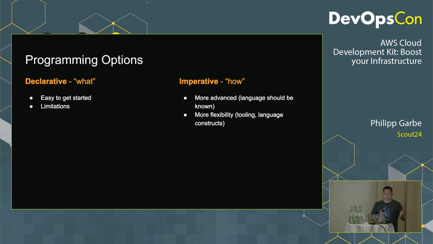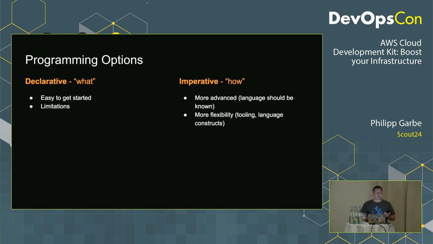And here are two different styles of how you can do infrastructure as code. The most common one is maybe the declarative part, where it's more about the what. So you define what you want. The entry barrier is quite low. It's most likely some text file like YAML or JSON that you can more or less easily read.